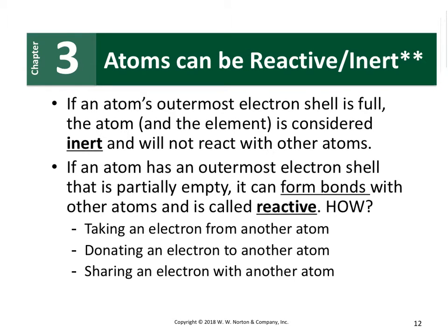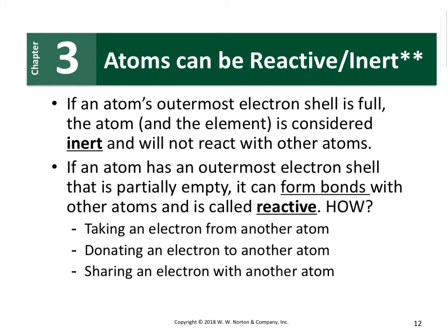So, whether an atom reacts with other atoms, with other elements, depends on what's going on with the electrons in the outer shell. If the outer shell is completely full, it's considered inert. That means it's not going to react. In fact, there are some elements that basically never react.